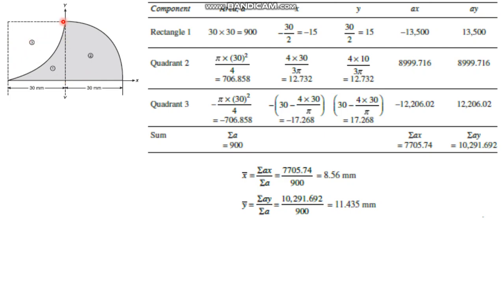From the centroid point, the x distance will be 4r by 3 pi, but since you are measuring from this side, x3 is this distance, so you measure 30 minus 4r by 3 pi. Since you're measuring on the left side, you'll get a minus value: minus of, open the bracket, 30 minus 4r by 3 pi.